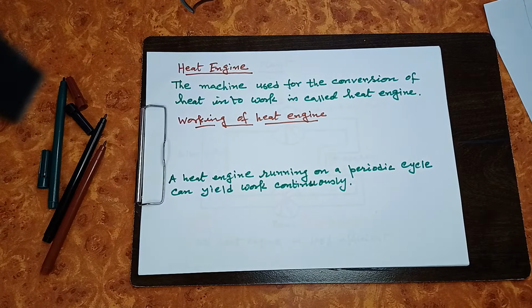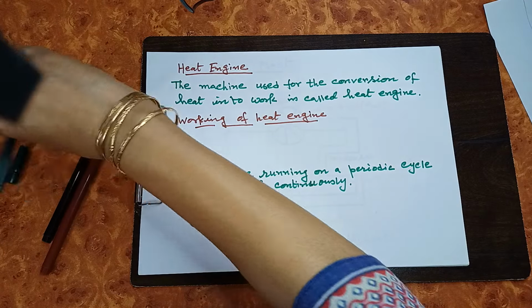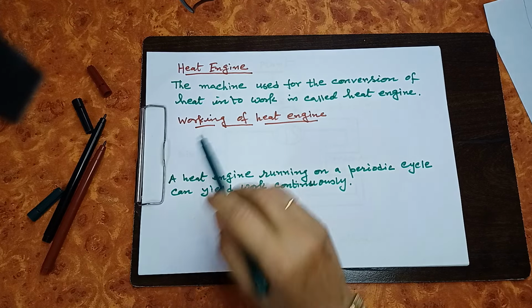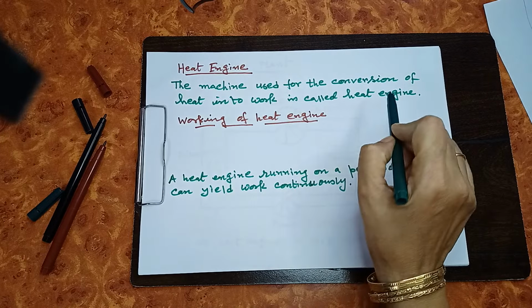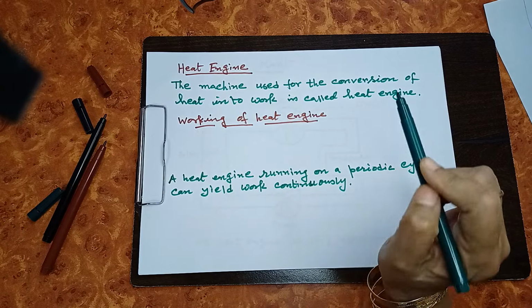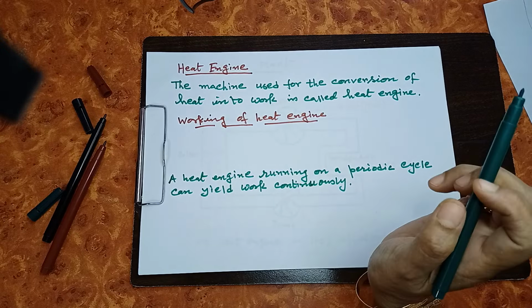What is a heat engine? A heat engine is that machine which can transform heat energy to mechanical work. That means it produces mechanical work from heat. So the machine used for the conversion of heat into work is called the heat engine.